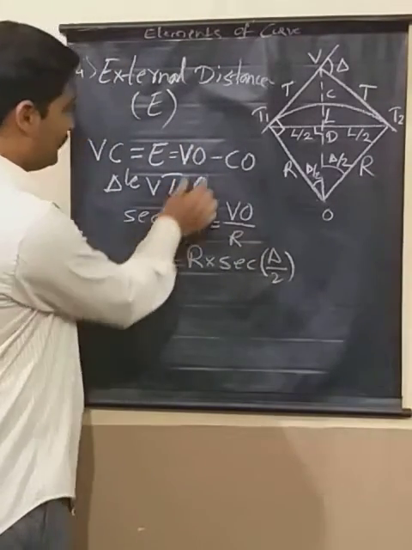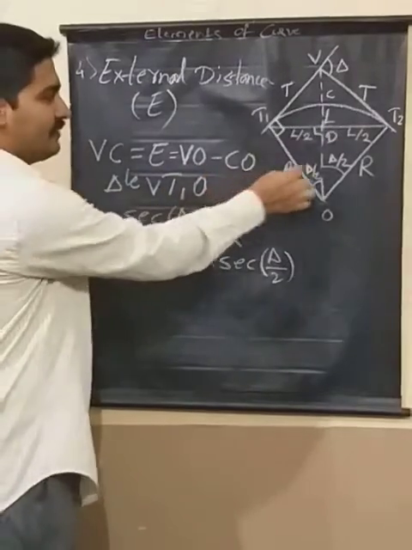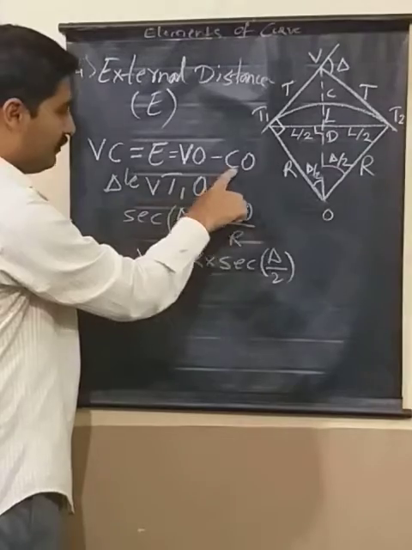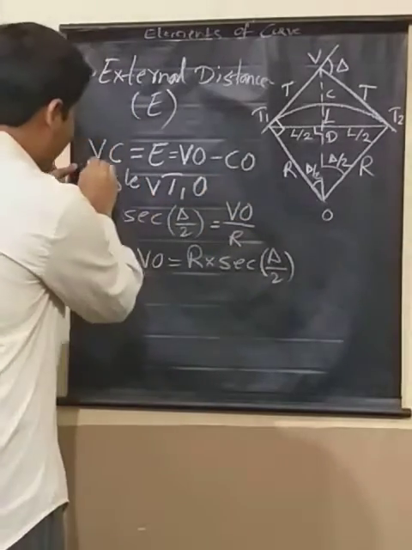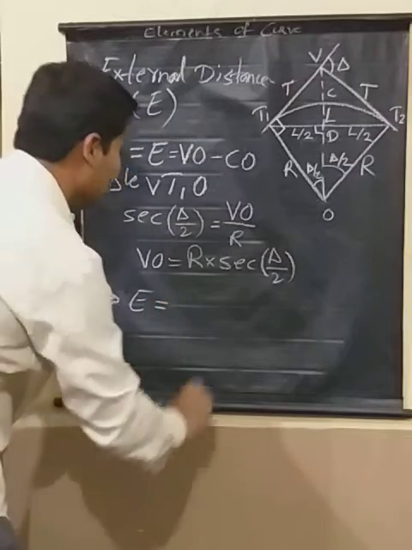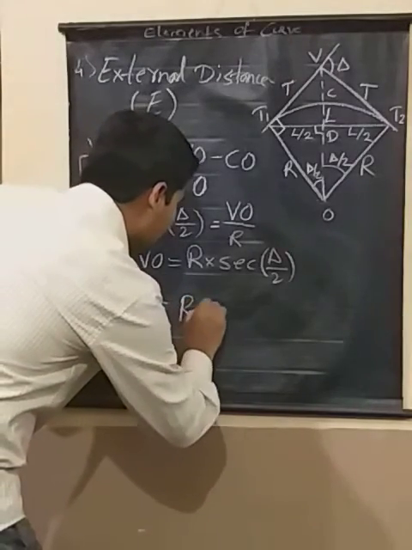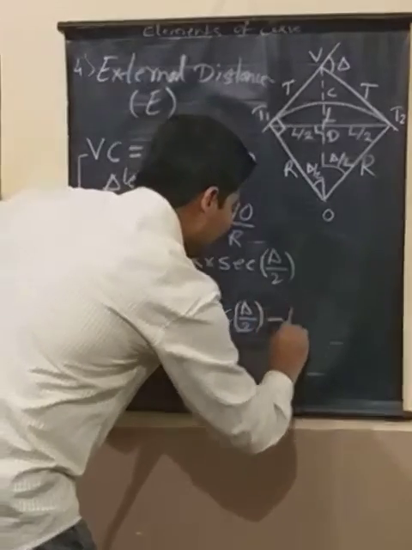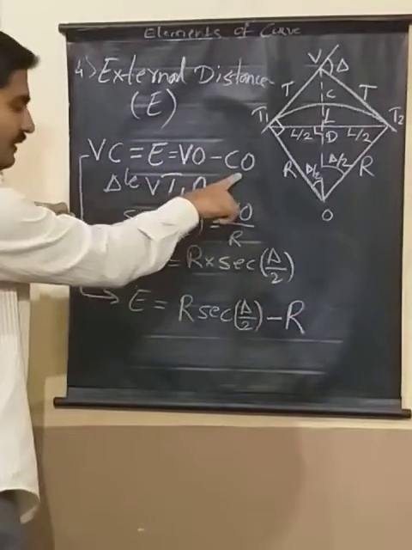So this VO you substitute here. CO is radius itself, so CO will be R. So this I am going to take up now here. External distance will be equal to R secant delta by 2 minus R, isn't it?